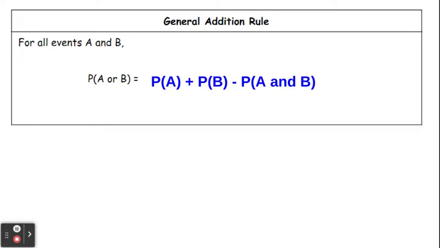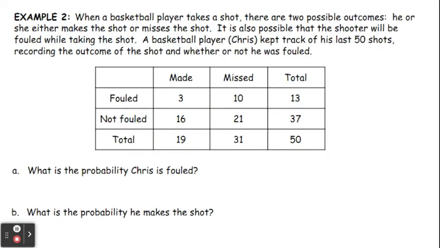The probability of A or B is equal to the probability of A plus the probability of B minus the probability of A and B. And this A and B is where those events overlap. Now, the tricky part is that sometimes you are not really told if they overlap or not, so you always have to be looking for that when you're doing these probability calculations.